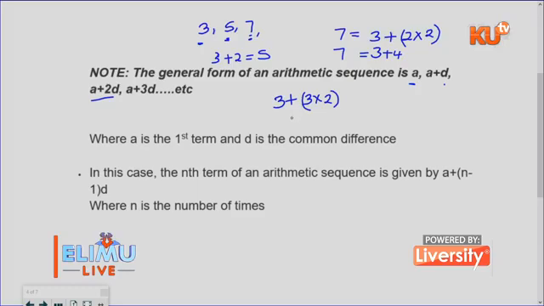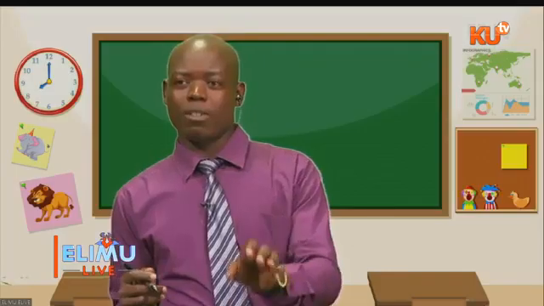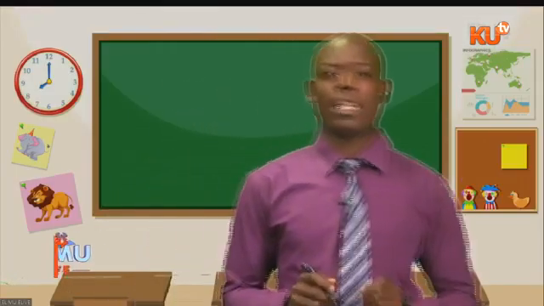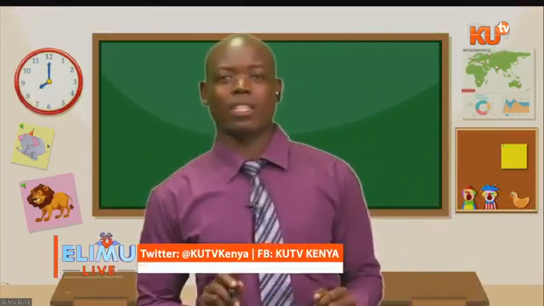And so you'll find this is 3 plus 3 times 2, which gives us 6. And 3 plus 6, your answer is 9. So I'll comfortably write 9. And that is how we can deduce the relationship between the terms in an arithmetic sequence and the common difference.